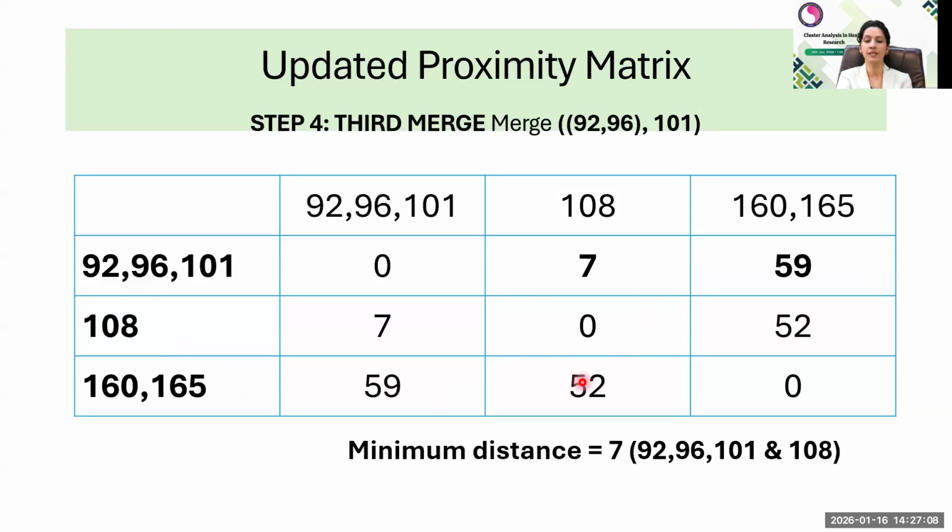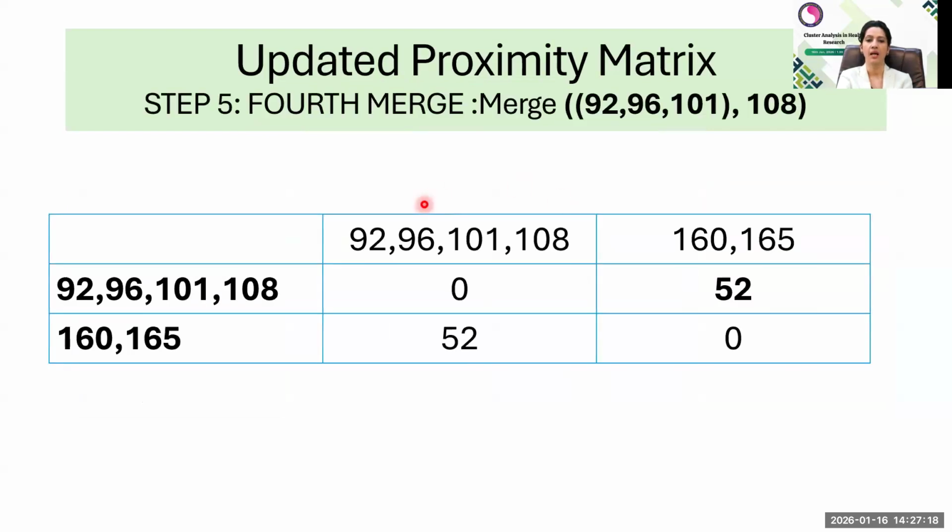Now if you see this distance again, which is the minimum distance? It is the 7. So 7 is between the 90 to 96, 101 and 108. So what I'll do is I will merge 90 to 96, 101 and 108, and this is to 160 to 165. And then there will be one overall cluster.